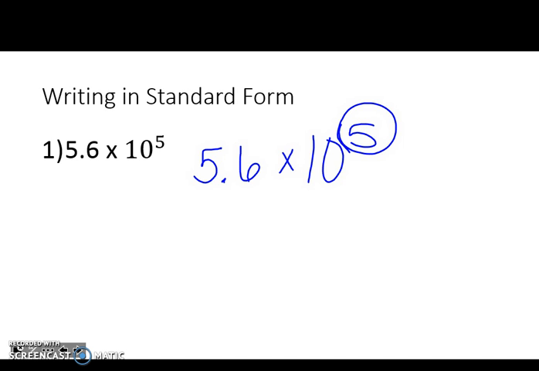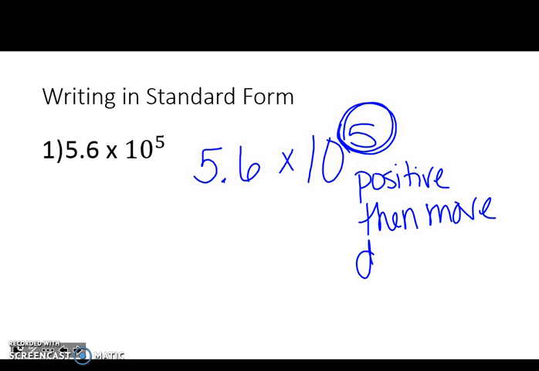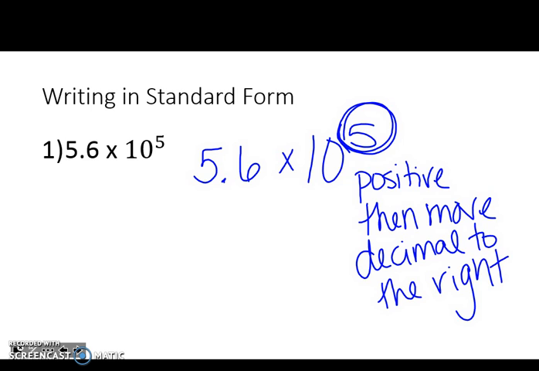So if this exponent is positive, then we're going to move the decimal to the right. So we're going to make a number that's bigger than 5.6.